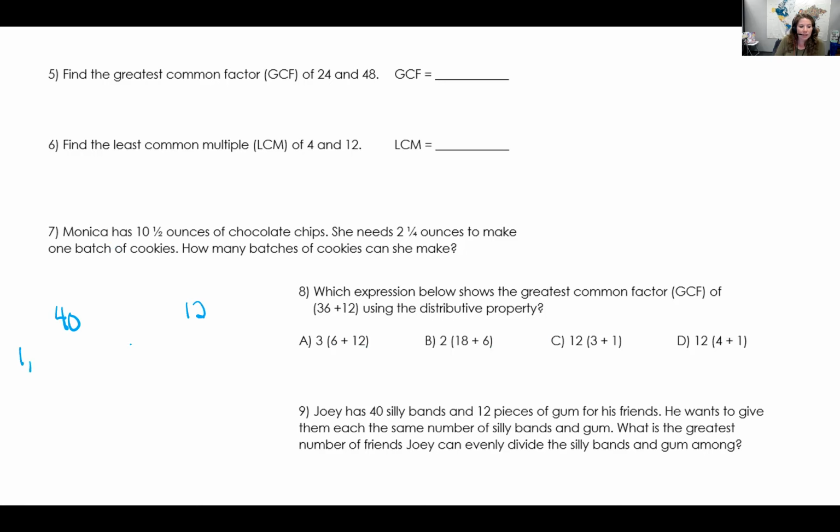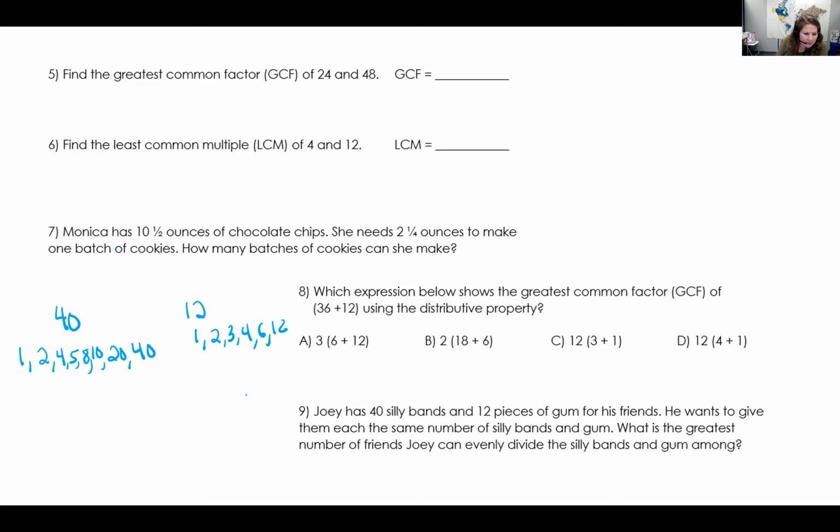So let's look at 40. 40 would be 1 times 40, 2 times 20, 4 times 10, and 5 times 8, right? And then 12 would be 1 times 12, 2 times 6, and 3 times 4.